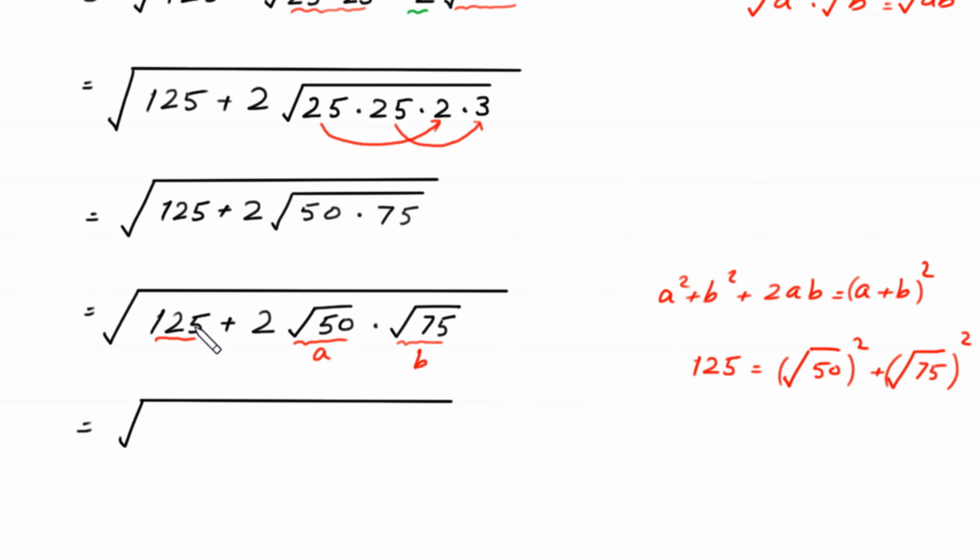Then we write the remaining part, plus 2 times square root of 50 times square root of 75.